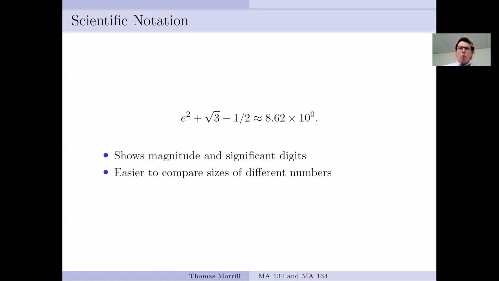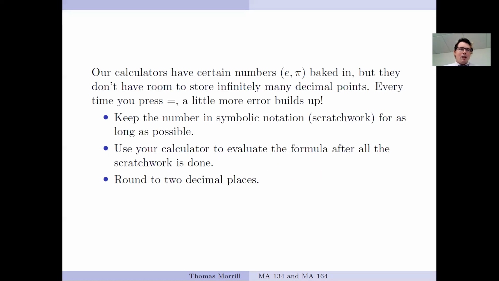So what do I want for this class? Since we're using graphing calculators, we are relying on computers to do a lot of the arithmetic for us. And it's sort of the nature of mathematics that we're going to be working with a lot of numbers who have infinite decimal expansions. So certainly irrational numbers have infinite decimal expansions.